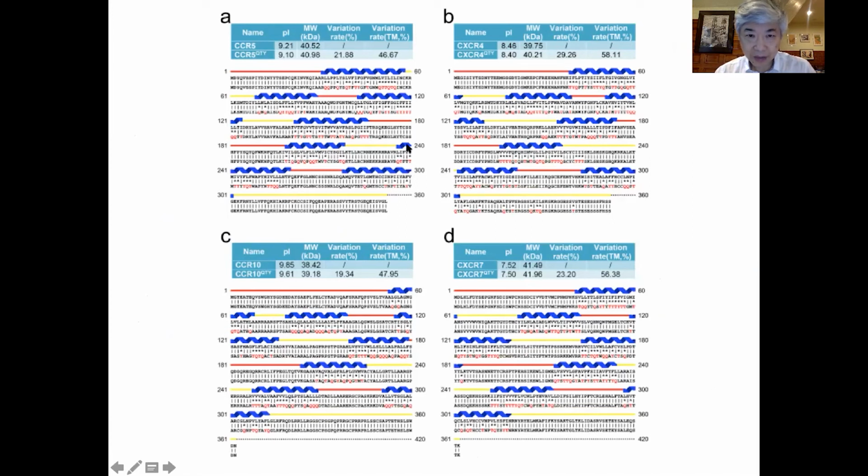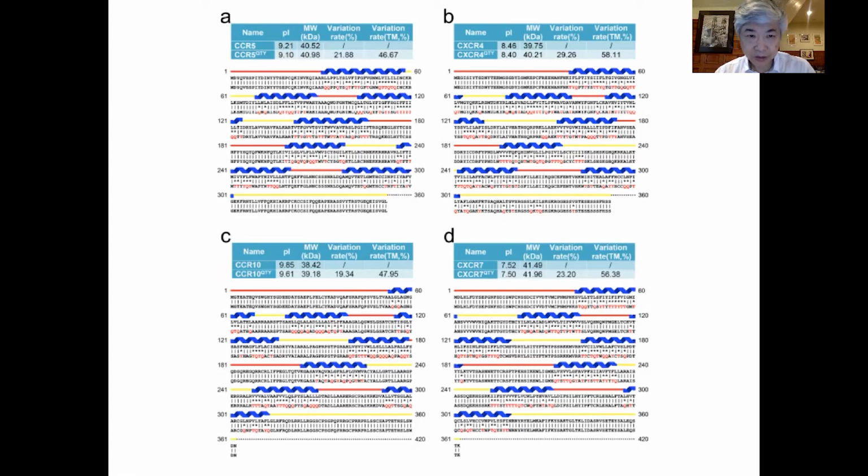Here is an example of 4 proteins we have carried out to convert from water-insoluble version into water-soluble variant. If you look carefully, this is the protein we call CSR5 and CSR2 QTY. The change in numbers is very minimal. The PI of 9.21 changes to 9.10, a change of 0.1 pH unit.